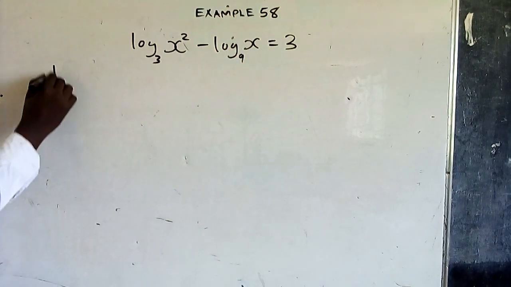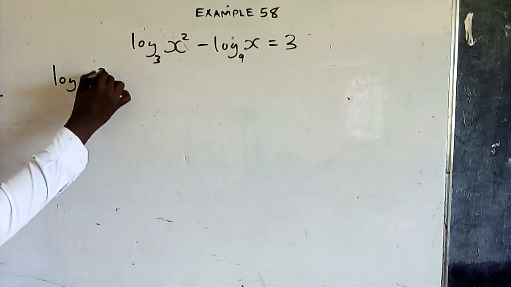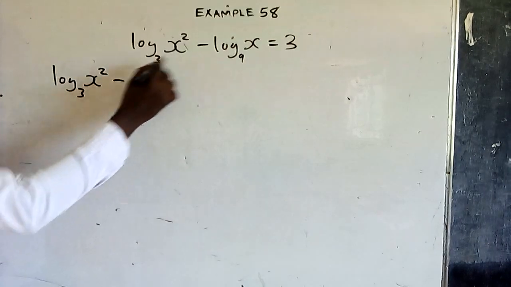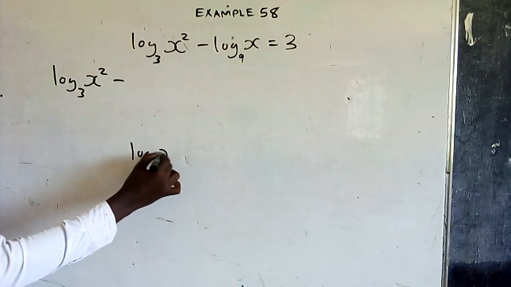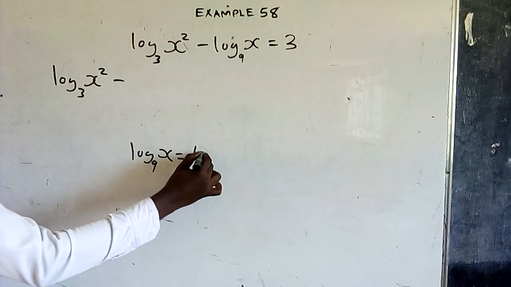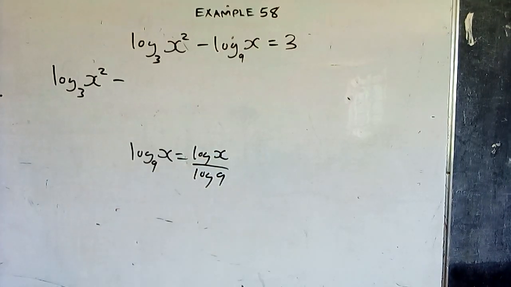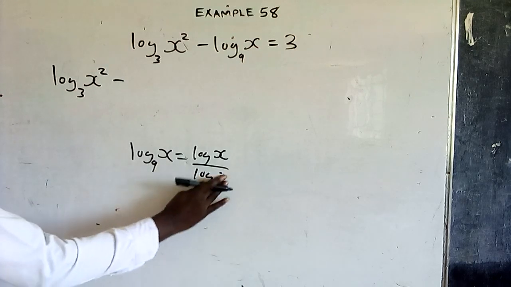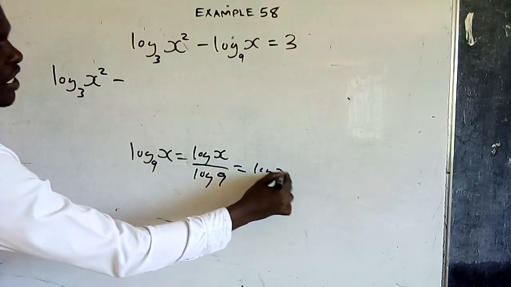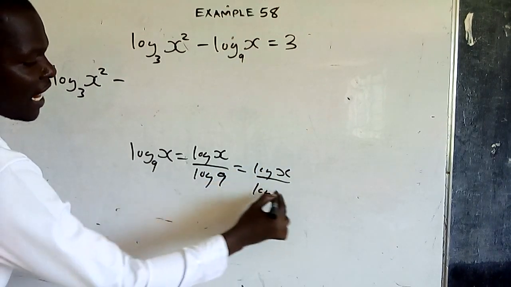So that will be what? We'll have log x squared to base 3, then it is minus. Remember, if you have log x to base 9, that is the same as log x over log 9. And what is 9? It is 3 squared.